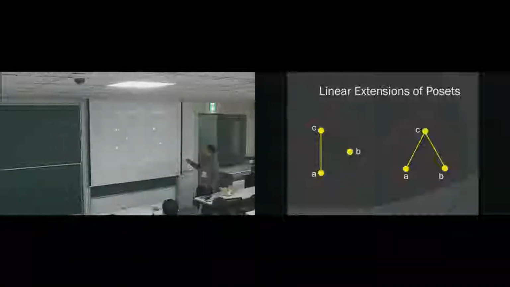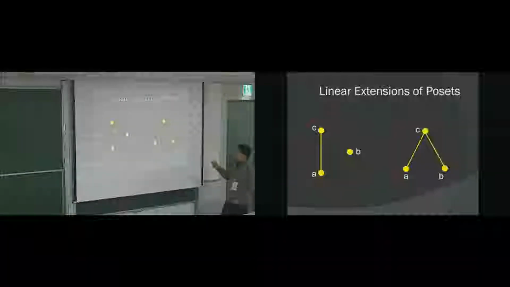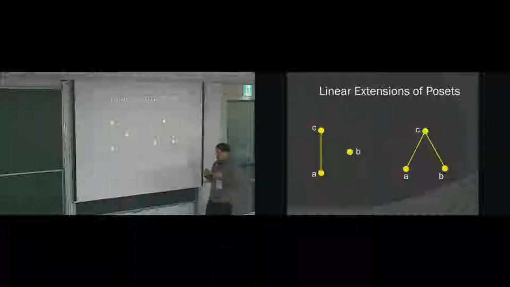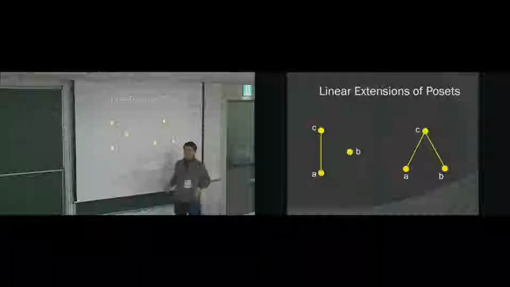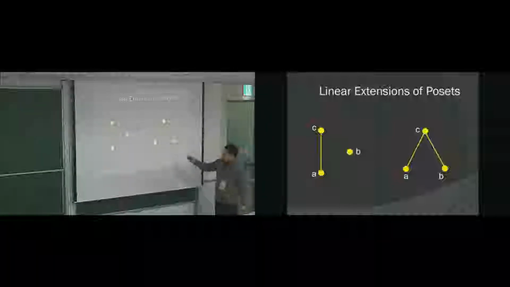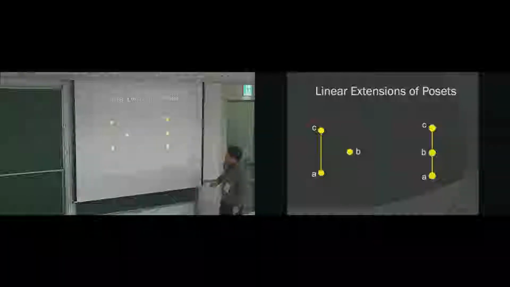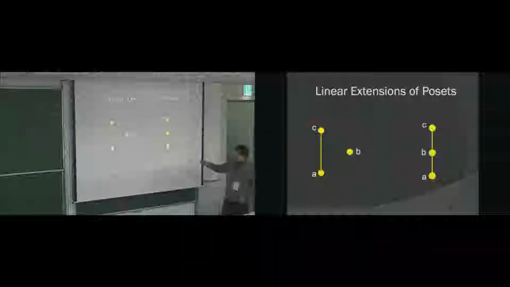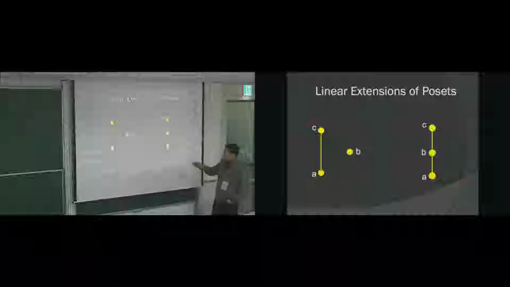Now we are going to consider a linear extension of a poset. A linear extension is a totally ordered set that contains all the relations of the partially ordered set. For example, one linear extension of this partially ordered set can be this. To make this partially ordered set a linear ordered set, B can be here, here, or here.